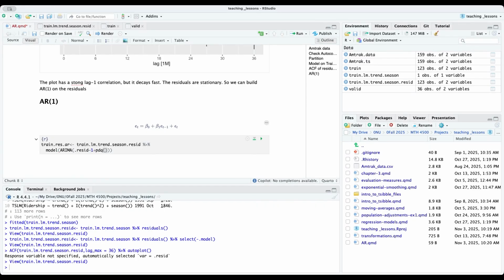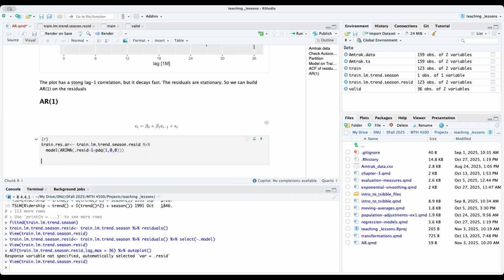PDQ, PDQ 1, 0, 0. What does this mean? First of all, this is my response variable, which is ET equals tilde, beta naught, which is 1, plus PDQ 1, 0, 0. The 1 means we are doing autoregressive of order 1.